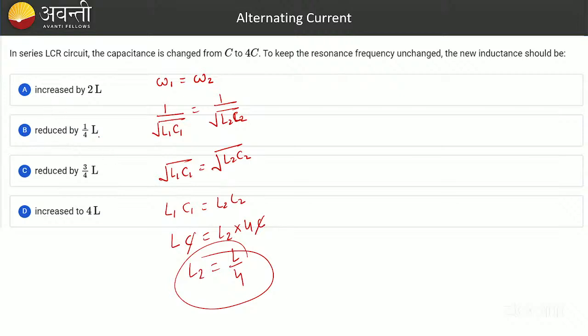It is not asking you the final value, it is asking you the change. So initially it was L, and finally it becomes L by 4. The change here will be 3L upon 4. So that is the answer. This inductance will be reduced by 3 by 4 times of L. Okay.